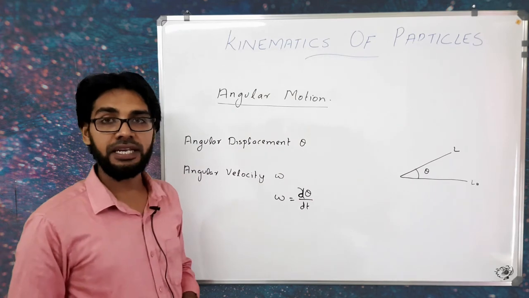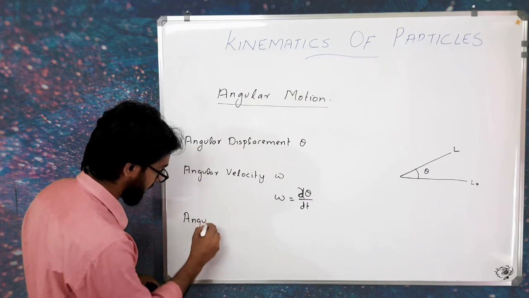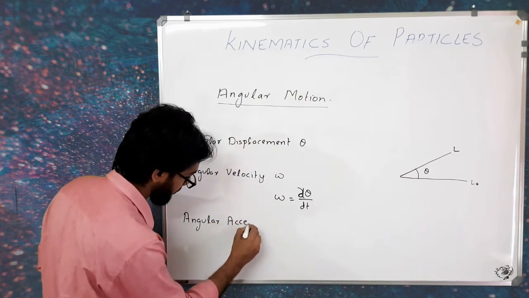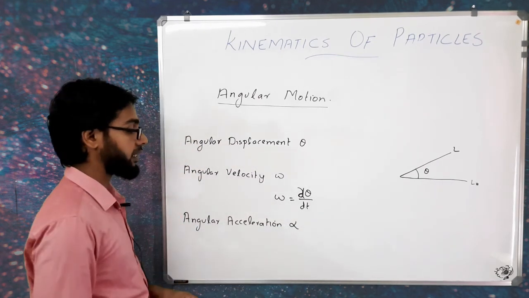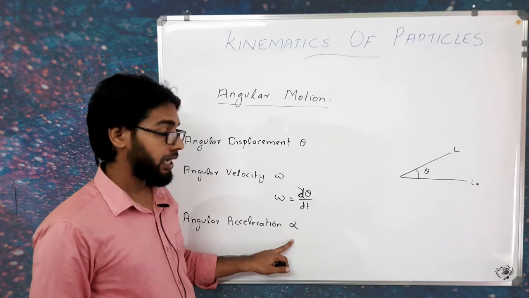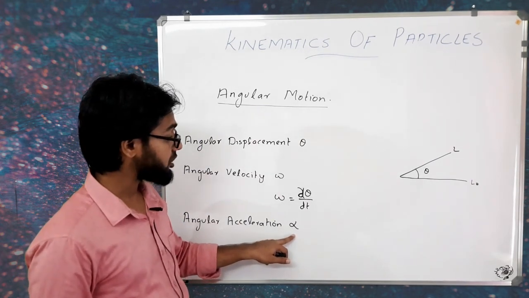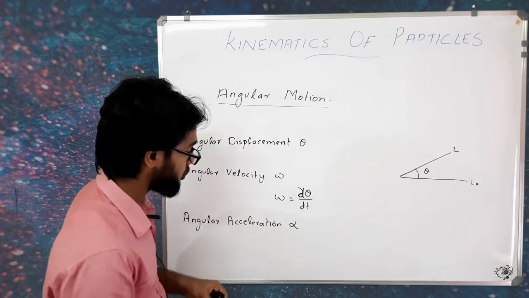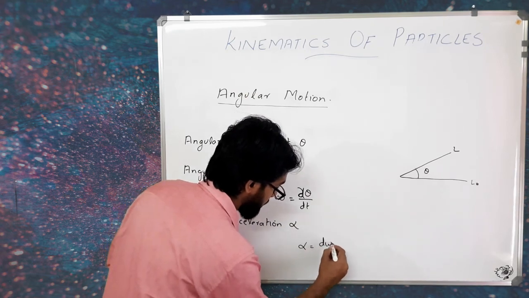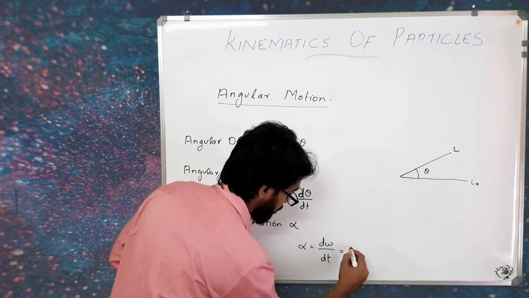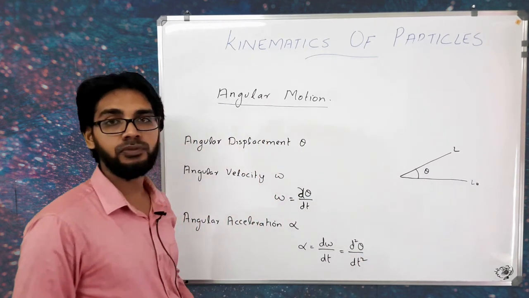Now, the next term is angular acceleration, commonly referred to by the term alpha. Angular acceleration alpha is the rate of change of angular velocity omega. So, alpha is equal to d omega by dt or d square theta by dt square.